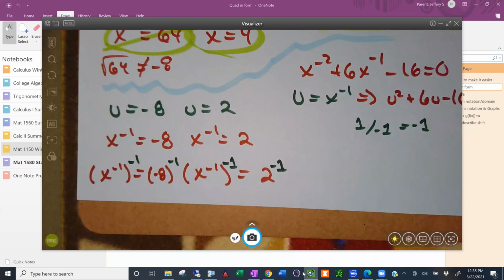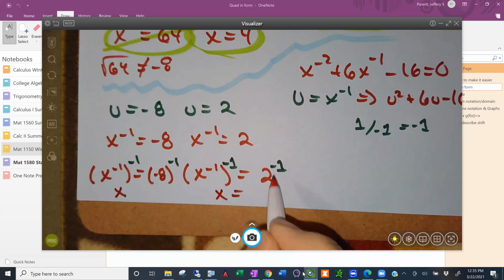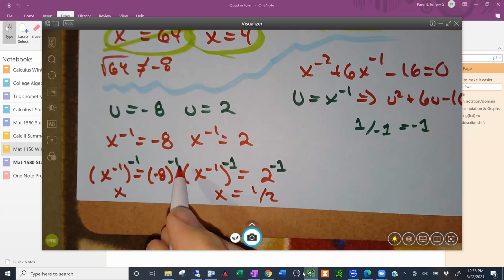There's two numbers that are their own reciprocals. 1 and negative 1 are both their own reciprocals. Negative 1 times 1 gives me x. 2 to the negative first power, that's 1/2. Reciprocal of that gives me negative 1 over 8. And that's it.